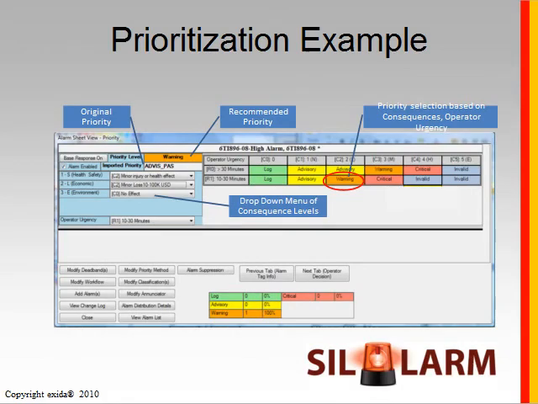Now here's an example of how the Exida SIL alarm tool would execute prioritization. For this example, for this customer's situation, we've evaluated the potential consequences in the area of health and safety, economic, and environment.